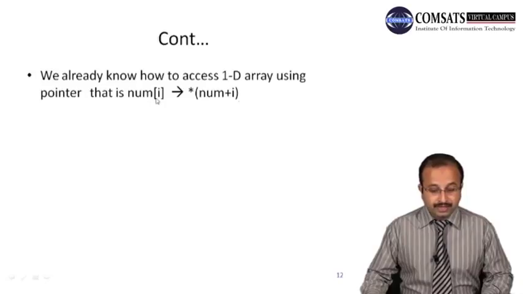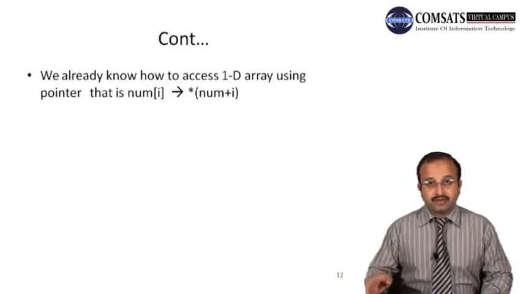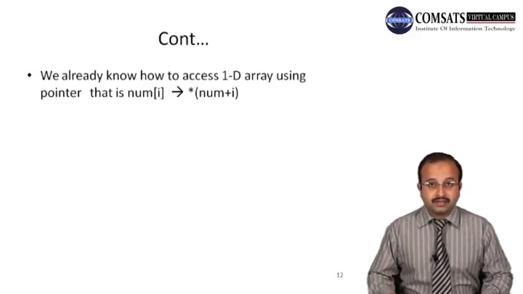So let's say num of I is num of 2, you are accessing the value of the element whose index is 2 in the num array. So num is, let's say, 500. Then 500 plus 2 means 508, because the addresses are 500, 504, 508.